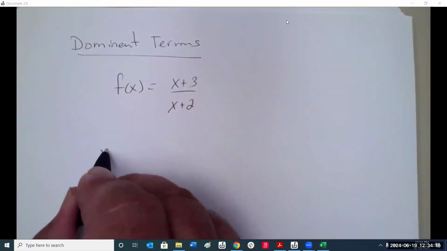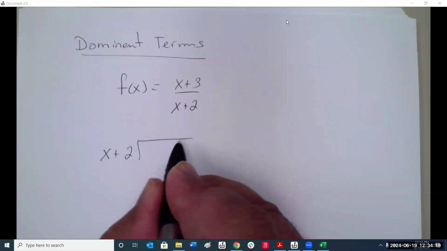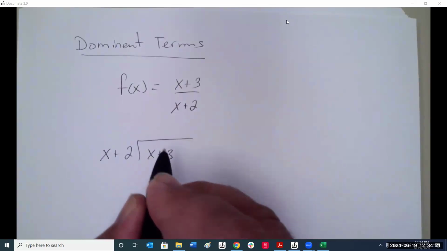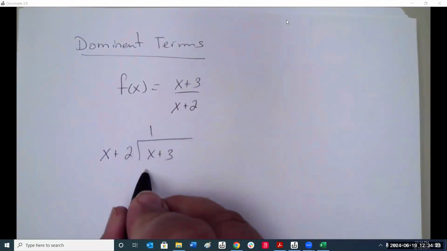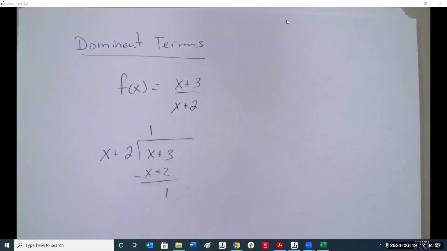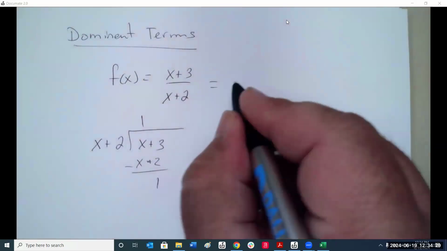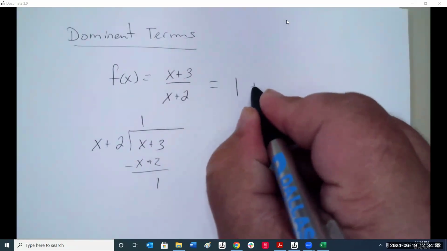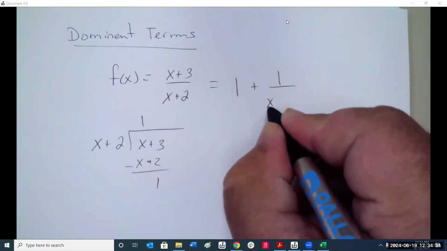When we did long division, that equation became this.